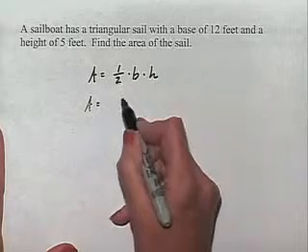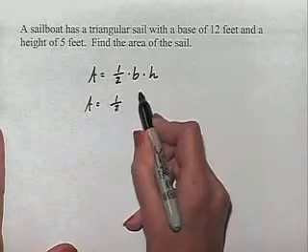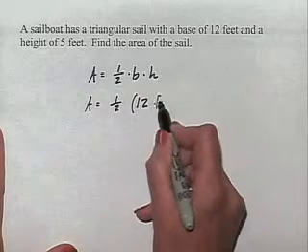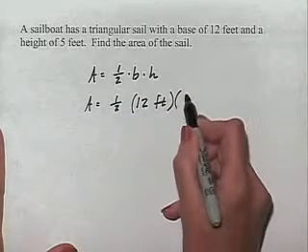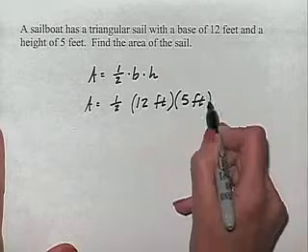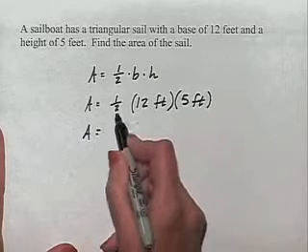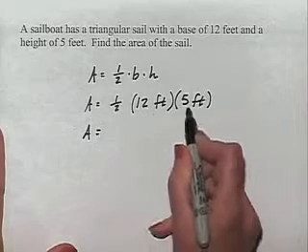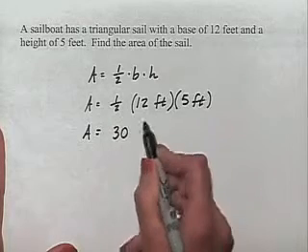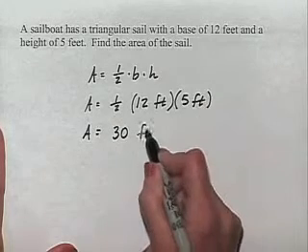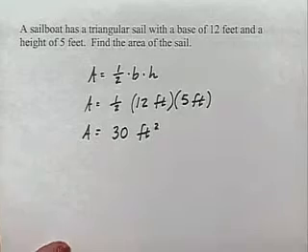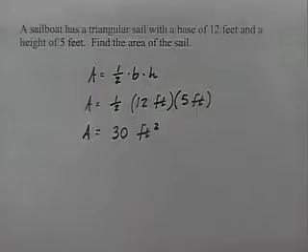So we're going to have our area equals 1/2 our base of 12 feet times our height of 5 feet. We'll multiply 1/2 times 12, which is 6, times 5, which is 30, and multiplying our units together gives us square feet. So the area of the sail is 30 square feet.